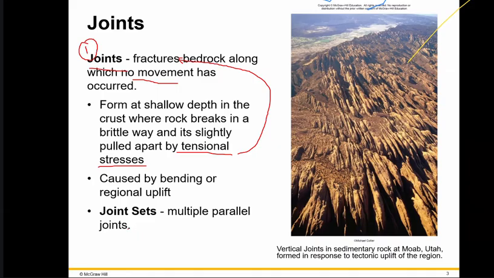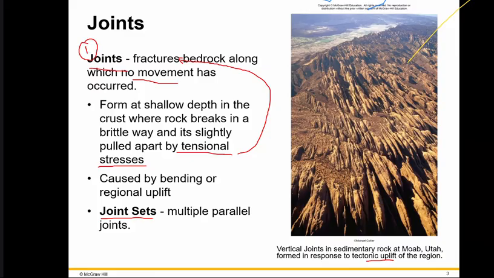And then when you have multiple joints, they form joint sets. Here, to the right of this figure, is an example that shows us a vertical joint in a sedimentary rock at Moab in Utah in the United States. And all of this is in response to what we call tectonic uplift of the region.